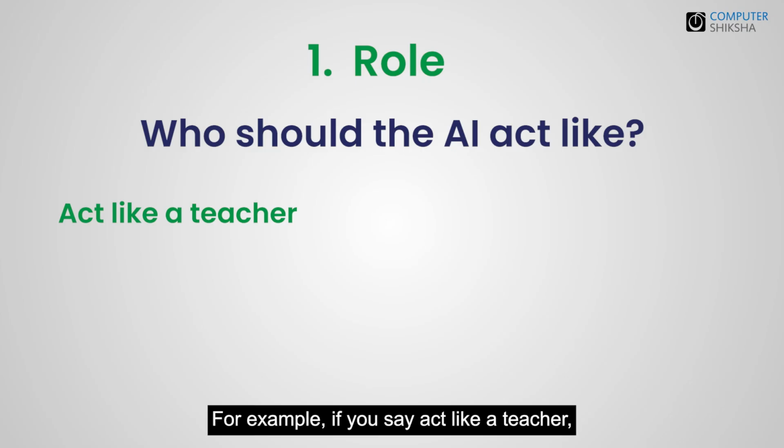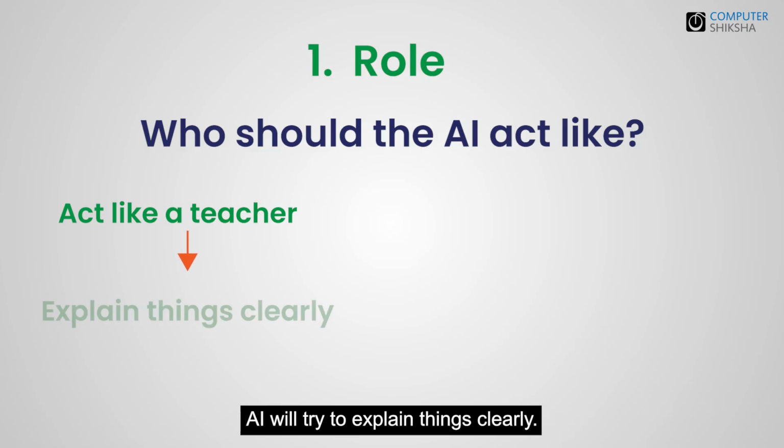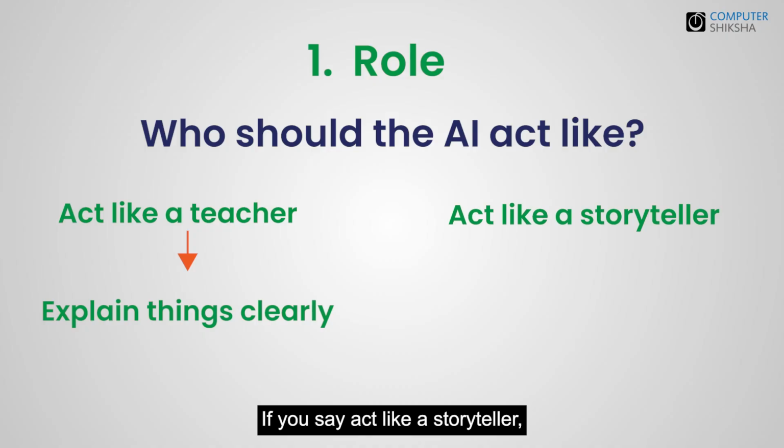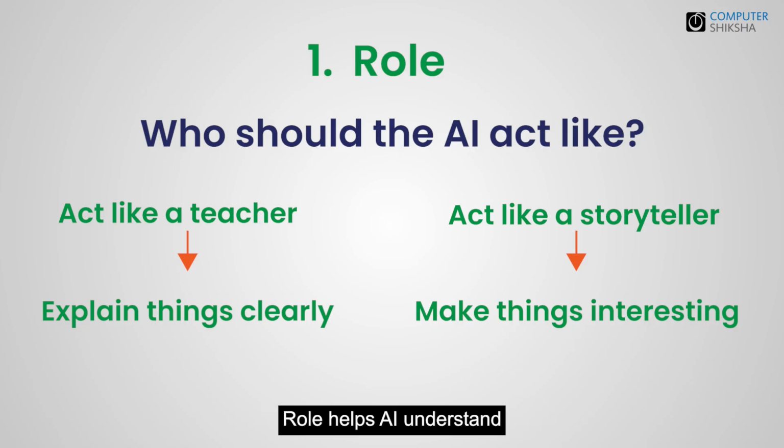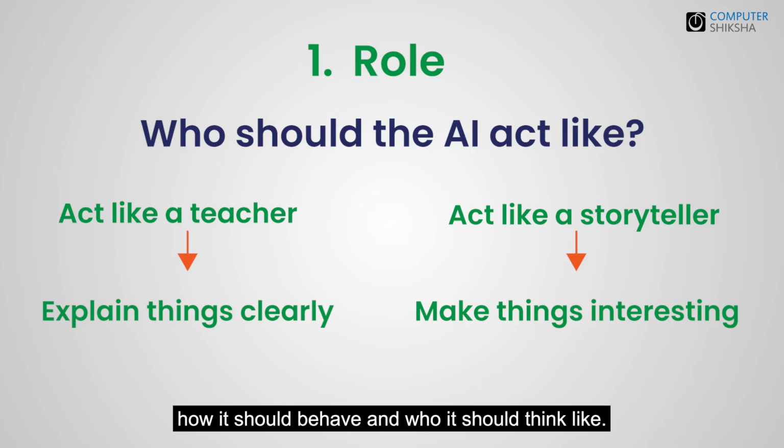For example, if you say, act like a teacher, AI will try to explain things clearly. If you say, act like a storyteller, it will try to make things interesting. Role helps AI understand how it should behave and who it should think like.